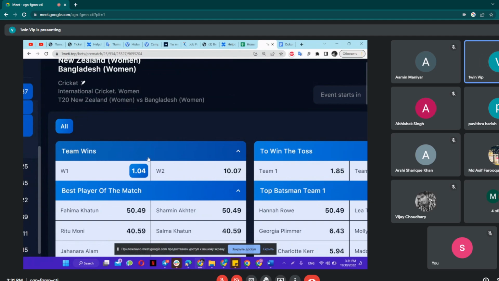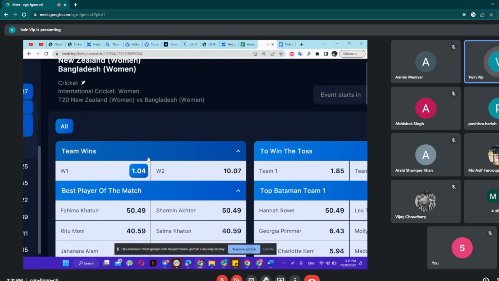This bet, team wins, is the only one bet on the entire website which will be calculated according to the main time, bonus time, penalties, every single result that will take place in the match. It is the only bet that includes all of this by default without any clarifications. So team wins includes all of the results of the match.